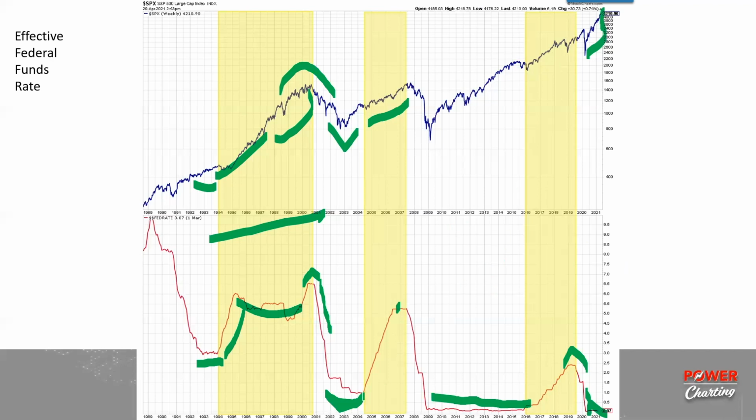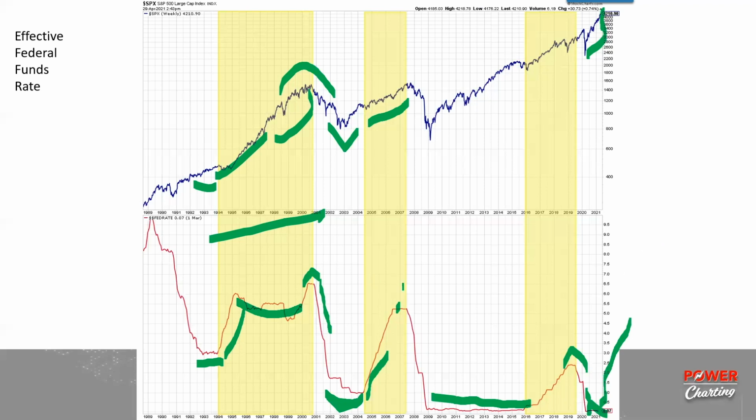You have to have rates finally start to go up, and this is because Fed policy is that they're starting to snug rates and raise them up into a rising stock market, which is the yellow shaded area. We do not have that yet. We do not have the Fed even acknowledging that they're going to raise rates anytime soon. And then those rates have to go up for an extended period of time.